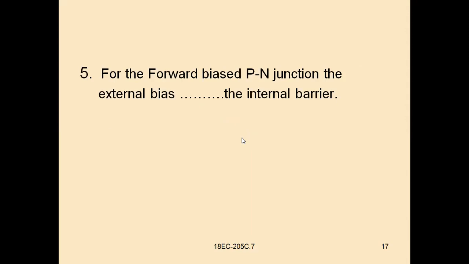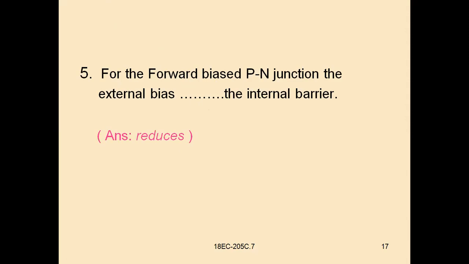Next, in the forward bias PN junction diode, the external bias dash the internal barrier. So does it increase or decrease? It reduces. In forward bias condition, the depletion layer width decreases.